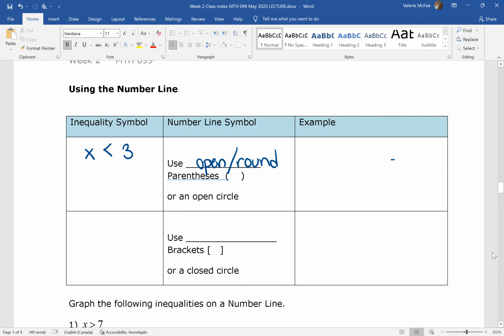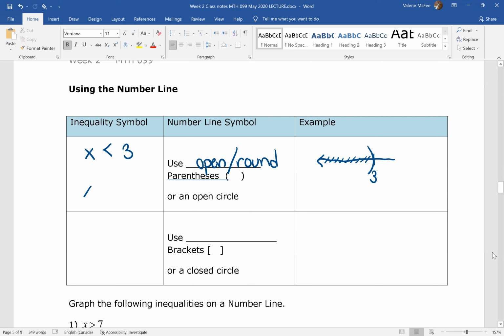So for example, if I put my 3 here, I know that we're not including 3, so I'm going to use an open bracket. X is less than 3. And we shade to the left because those numbers are smaller or less than 3.